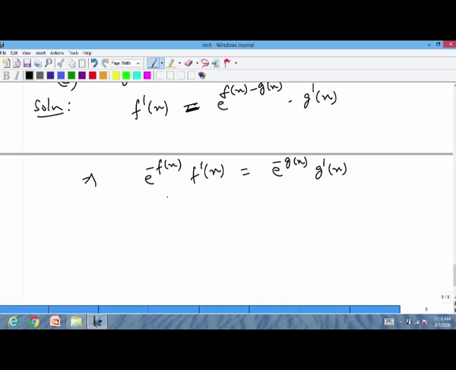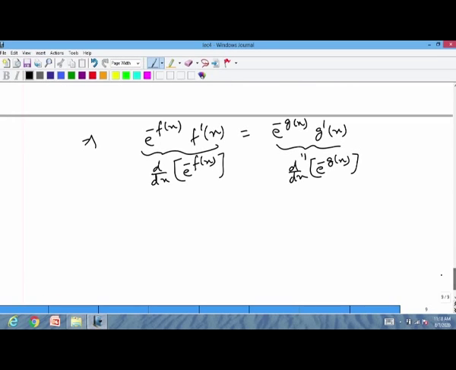But here this is nothing but the derivative of e to the power minus f(x), and this is the derivative of e to the minus g(x). So, what we have is the derivative of this is equal to the derivative of this for all x. This implies e to the minus f(x) is equal to e to the minus g(x) plus some constant c.